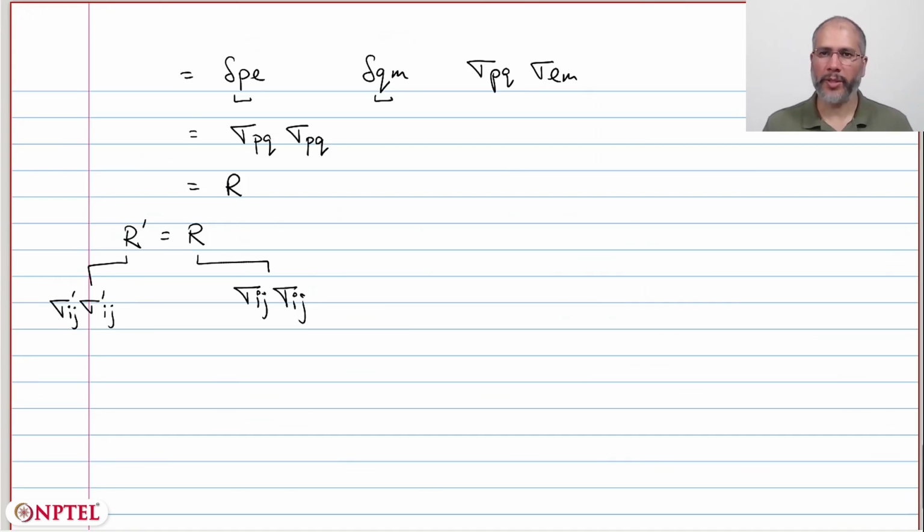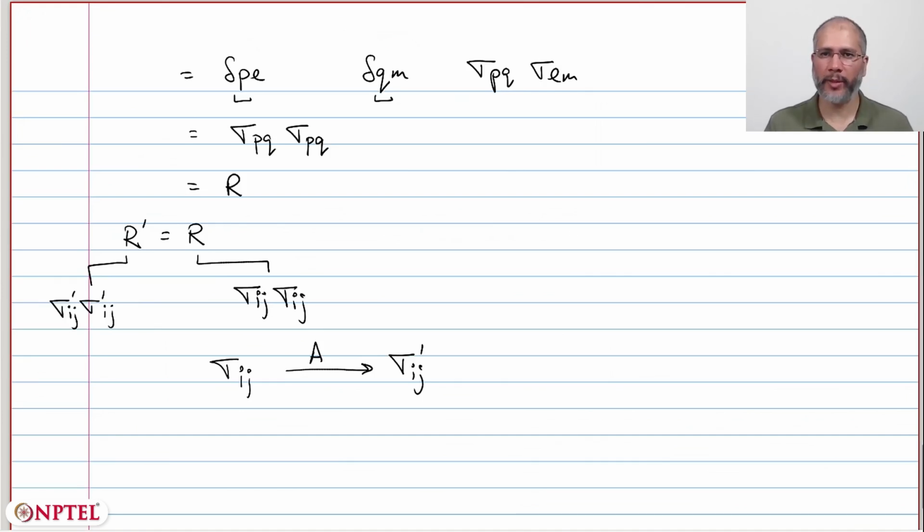Now what is interesting here is that R prime depends on sigma prime, and sigma prime depends on A. So sigma prime was obtained using an A, and sigma was also arbitrary.